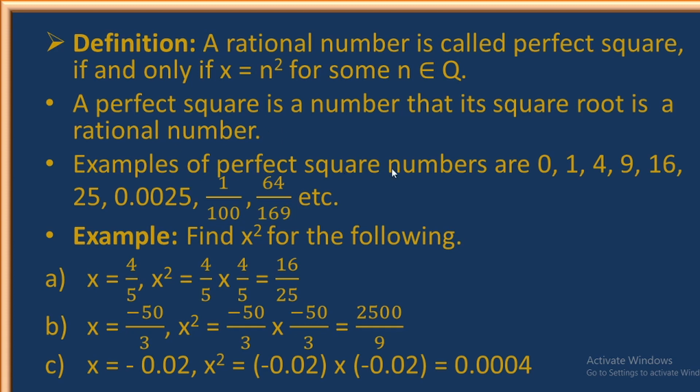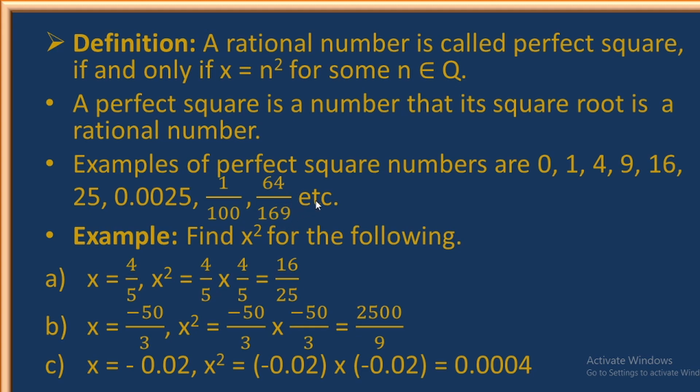Examples of perfect square numbers are like this: 0, because 0 times 0 is 0, 1, which is 1 times 1, 4, which is 2 times 2, 9, 3 times 3, 16, 4 times 4, 25, 5 times 5, 0.0025, which means 0.05 multiplied by 0.05, 1 over 100, because 1 over 10 times 1 over 10 is 1 over 100, 64 over 169, which is 8 over 13 times 8 over 13.